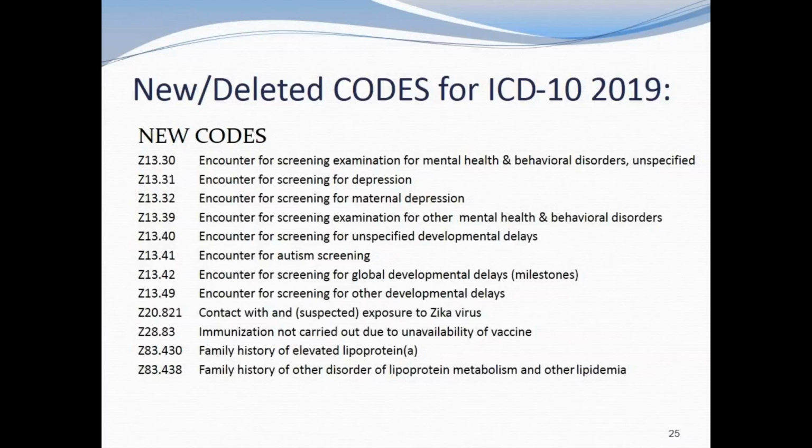There's also the screening for global development delays and milestones, which I'm sure you're aware of because we all have to have our wonderful WIC growth charts and all that good stuff, but that has nothing to do with clinical. And then we have family history of elevated lipoprotein, or also family history of other disorder. There's all kinds of stuff, but I just wanted to show you these so that you know how specific ICD-10 is trying to get. So that's at least something.